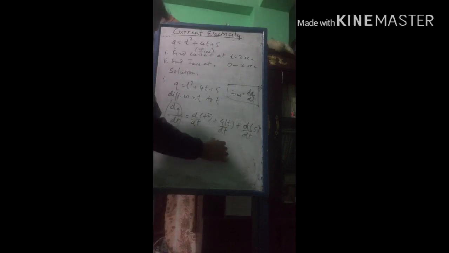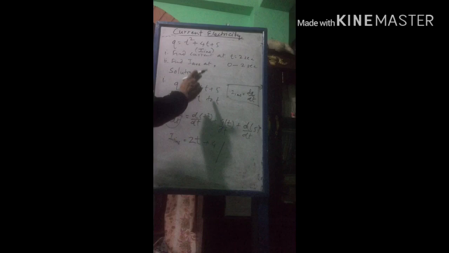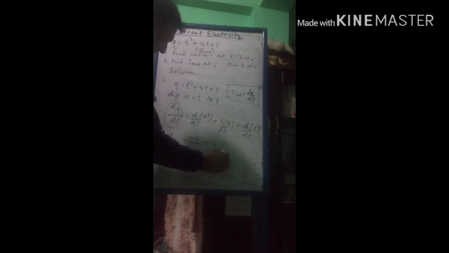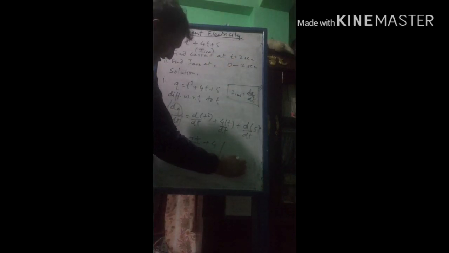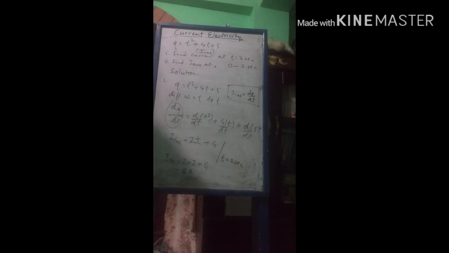Now we have to find the instantaneous current at t equals 2 seconds. Let us replace the value. I instantaneous equals 2 into t, with t as 2 seconds, put the value 2, plus 4, that is equals 2 into 2 is 4, plus 4, 8 ampere is the required instantaneous current.